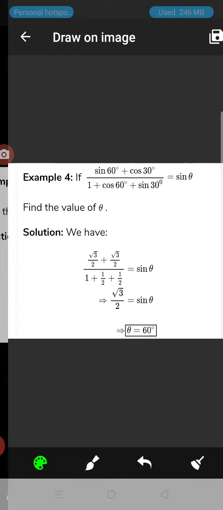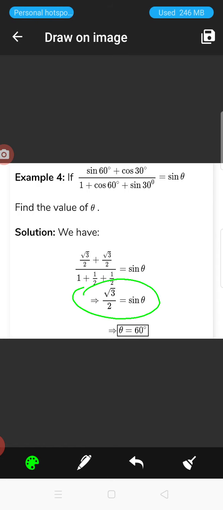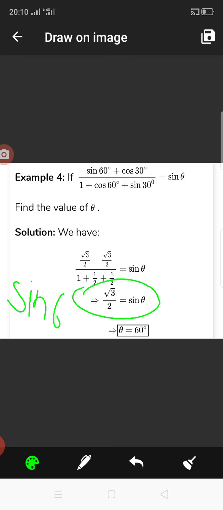And sin 60 is equal to sin theta. Therefore, theta is equal to 60 degrees. That will be the answer.